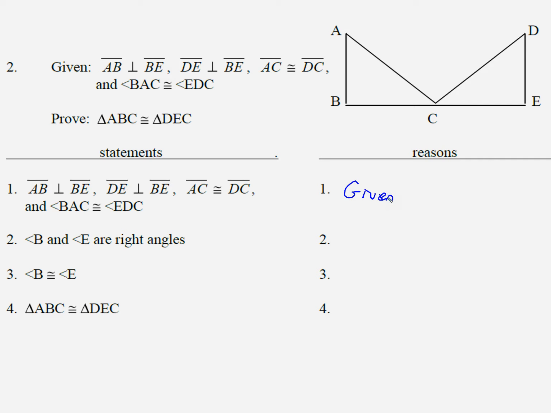AB is perpendicular to BE. Perpendicular means right angle, which is actually our next step there. Same thing here, DE is perpendicular to BE, so I can mark those two. I also know AC, that's this right here, is congruent to DC.